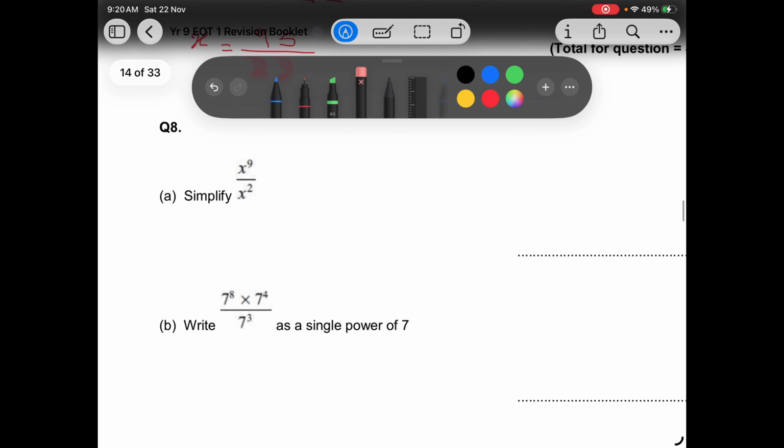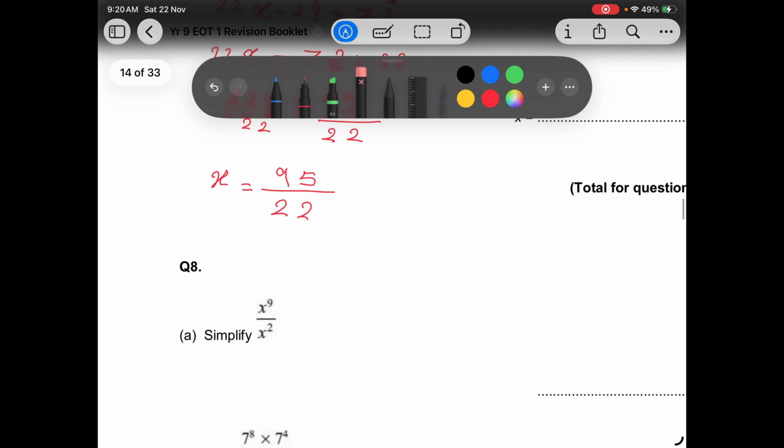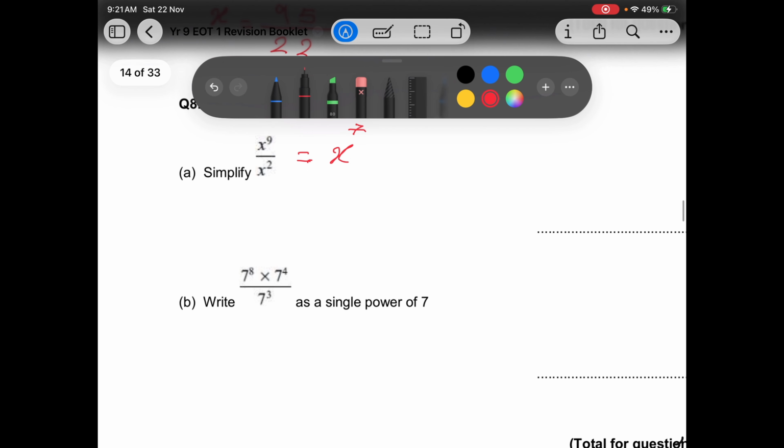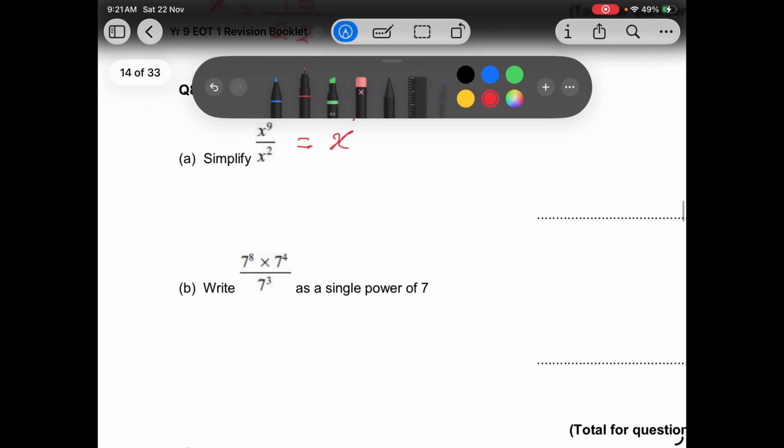So simplify, guys, the bases are the same. We have the base x and the base x, so we can simply subtract the powers. It will be x to the power 9 minus 2, which is 7. As simple as that. Here we can do this in one step.